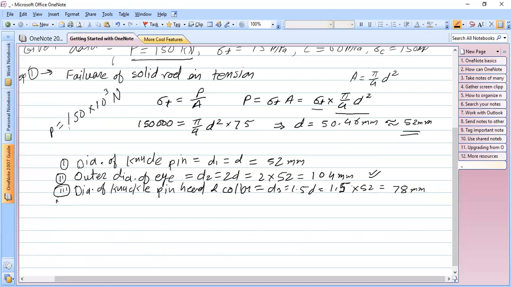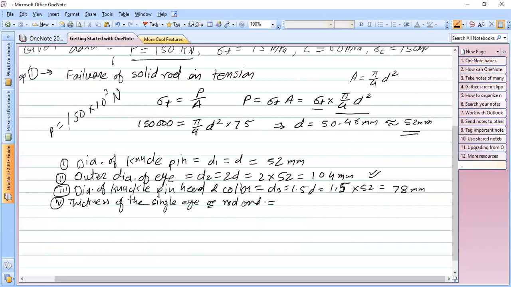After this, the fourth one will go. The fourth one is the thickness of the single eye or rod end.